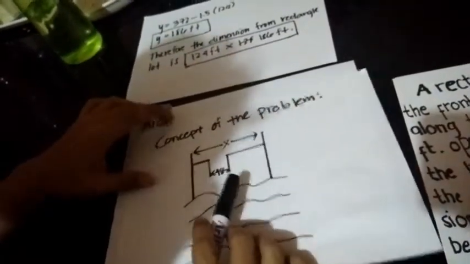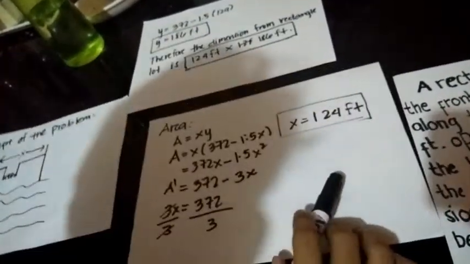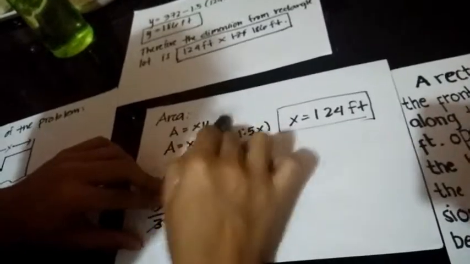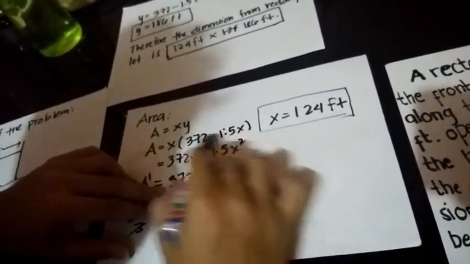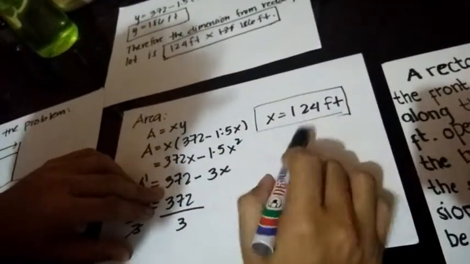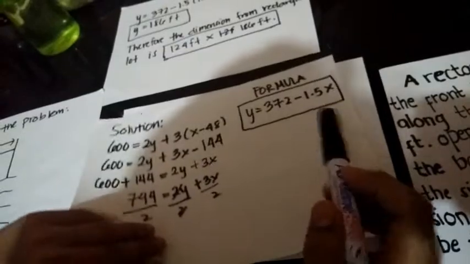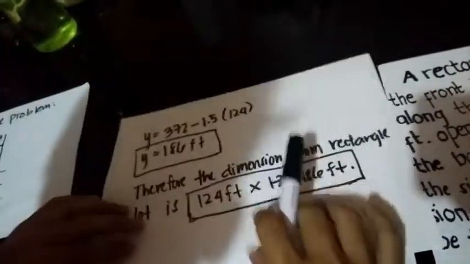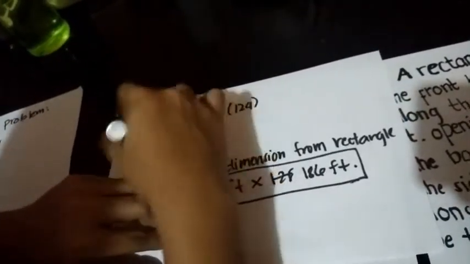Next, in order for us to find y, we must input the x we already found. So let's go back to the last. Here, y, because this is the formula to find y.